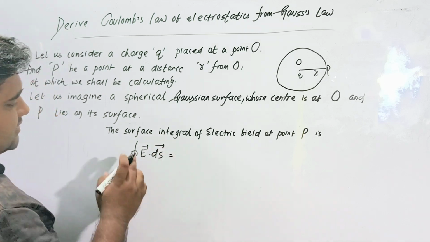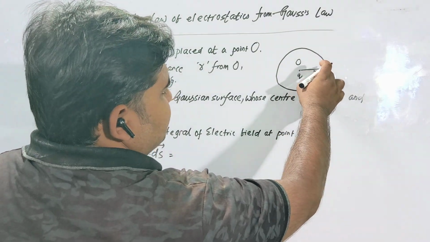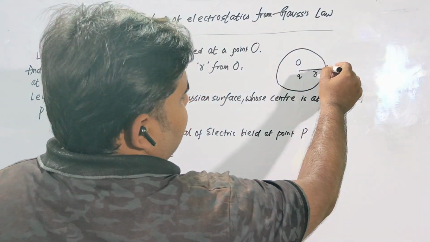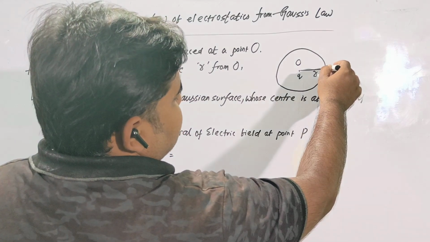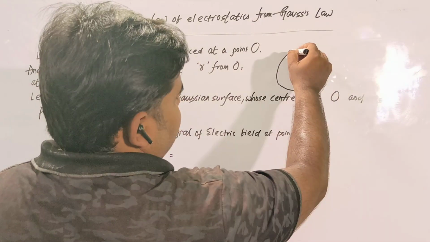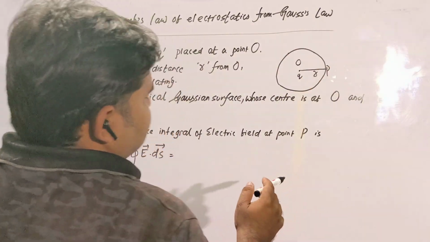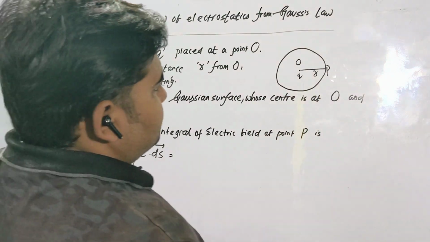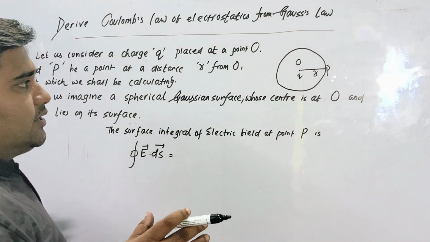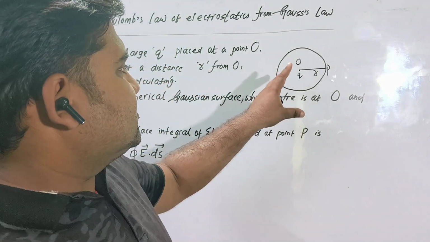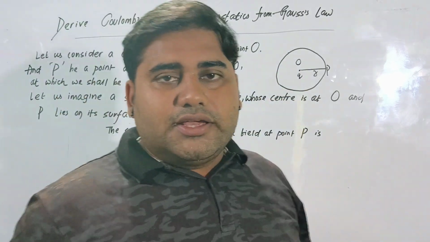Since P is at a distance r from charge Q, this point is also at a distance r, and this point is also at a distance r. That means at any point on this surface we have the same electric field. That means on this surface of radius r, the electric field is constant.